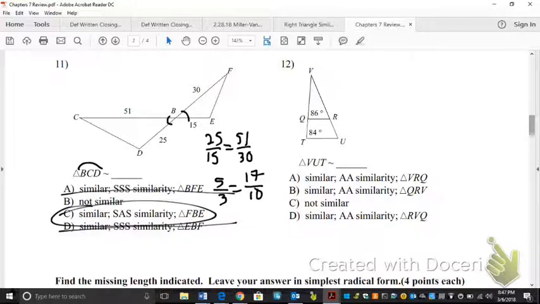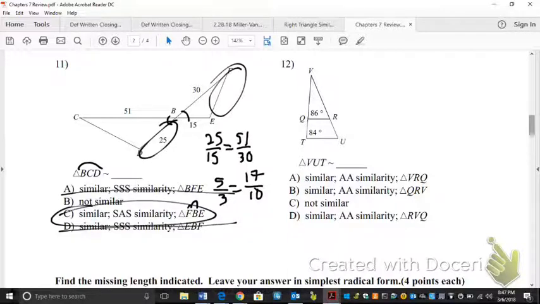Now here's the other thing. We can look just at this. Now notice that BCD, B to D, that's right here, this is 25. And then down on the similarity statement it says FBE. So first to last would have to be really the proportionate. That's FE. That's this side right here. We don't even have a match for that.